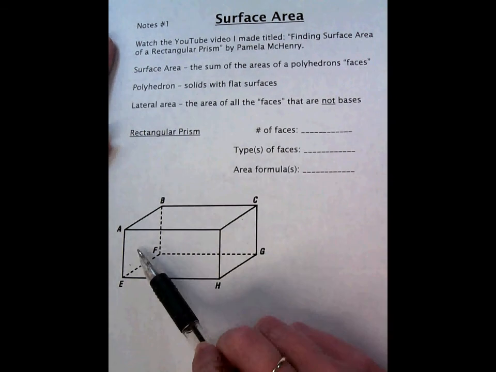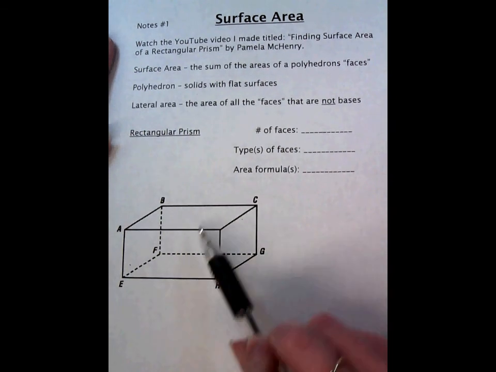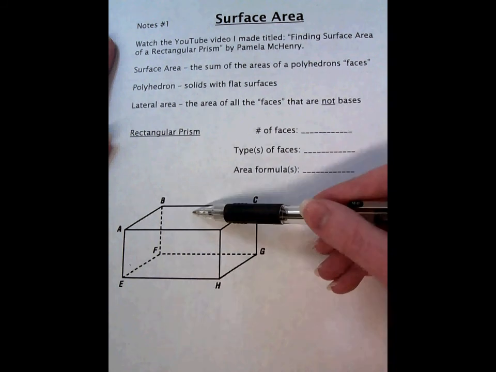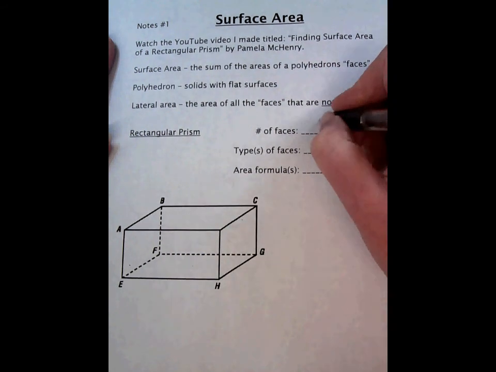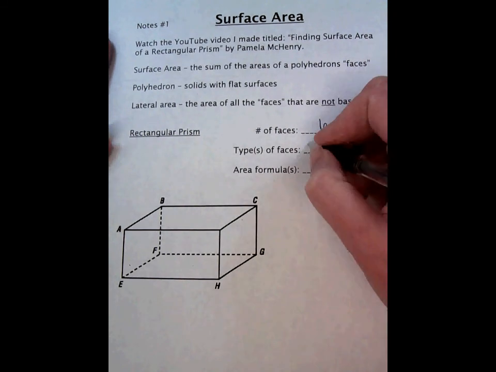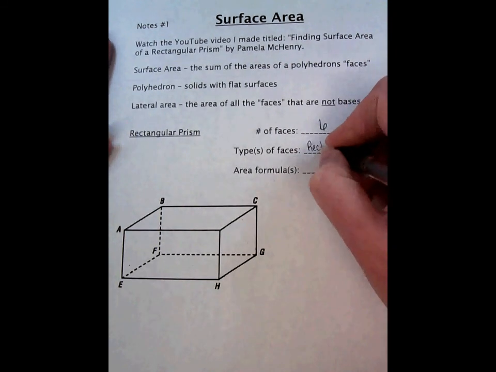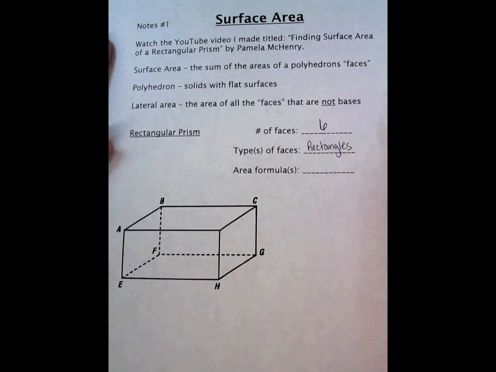Now because it does have a left and a right, a front and a back, and then a top and a bottom, it has 6 faces. And as we talked about, those 6 faces are rectangles or squares. A square is a type of rectangle anyway.